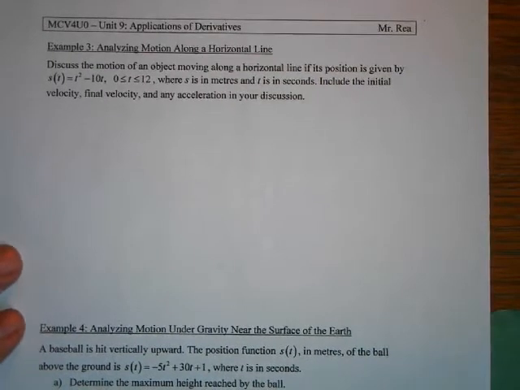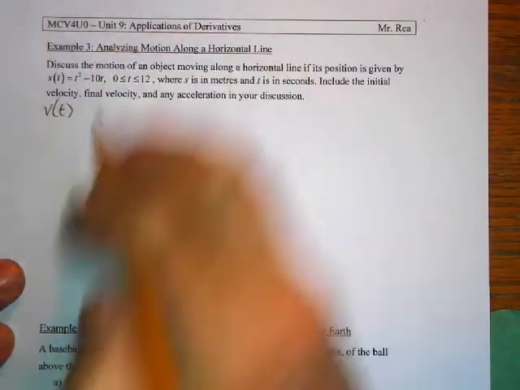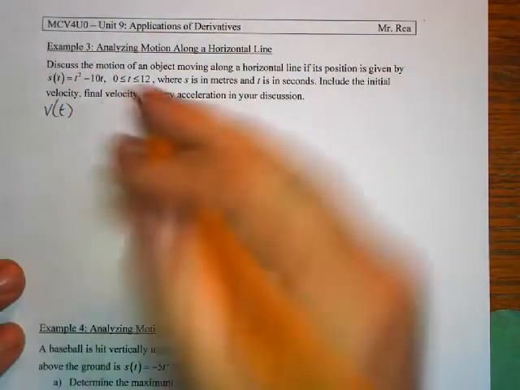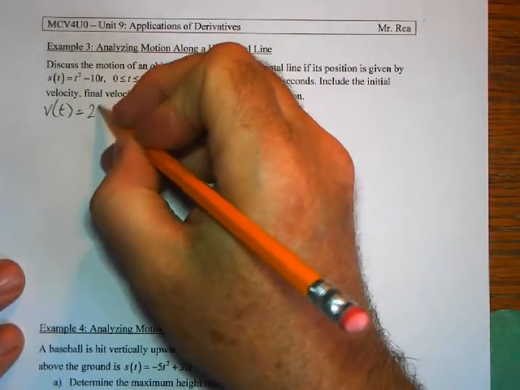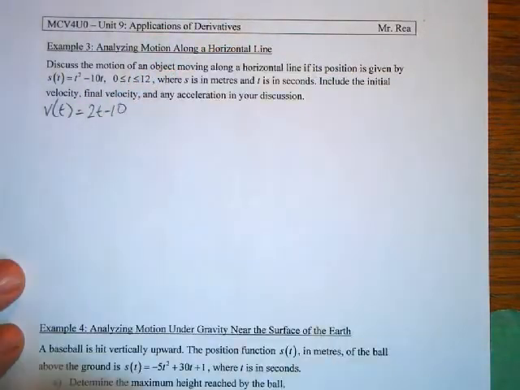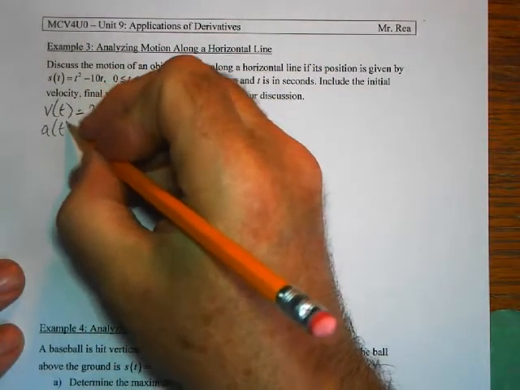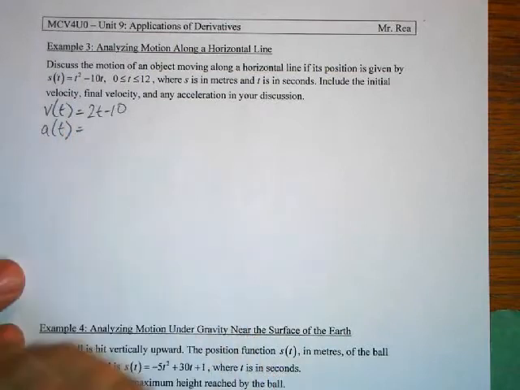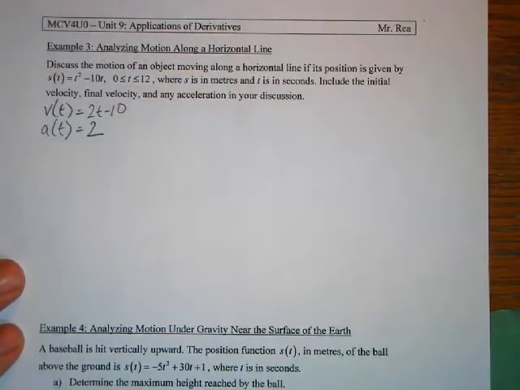Okay, so again, the first thing we do is take the position equation, s of t, and get the velocity equation by taking the derivative, so that's 2t minus 10. And the acceleration, which is the derivative of the velocity equation, happens to be just 2. So right away, that's kind of interesting. The acceleration is constant.